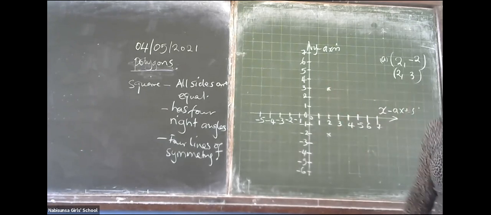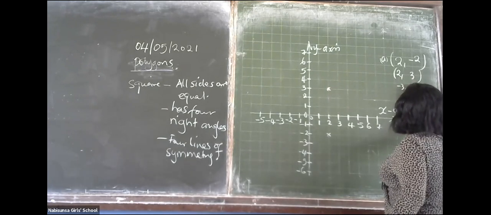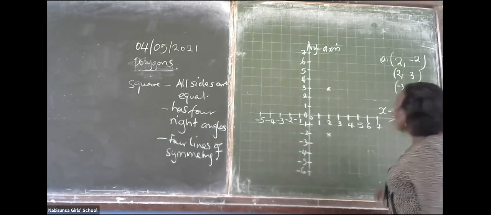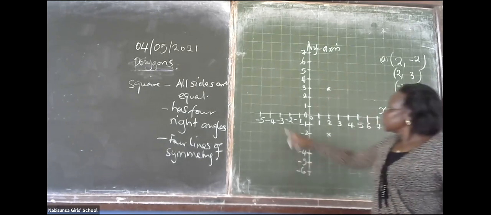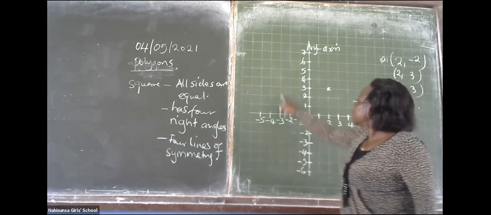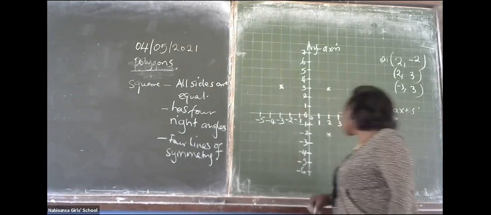The third point is -3, 3. The -3 is on the X-axis and +3 is on the Y-axis. Where is the point? -3 and +3. So that is the third point.